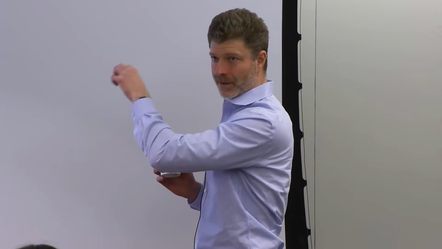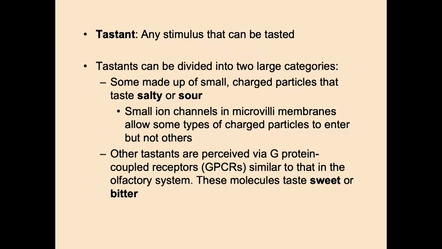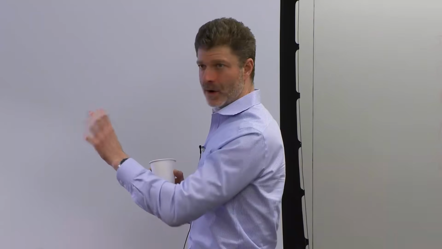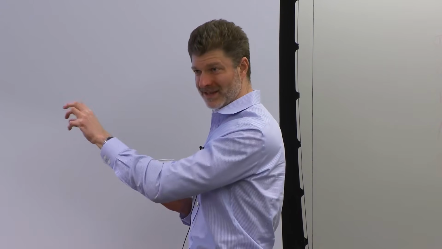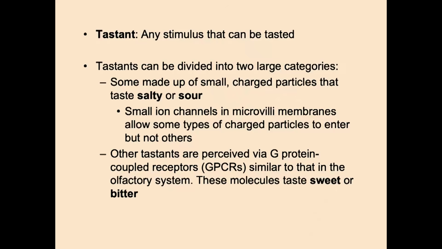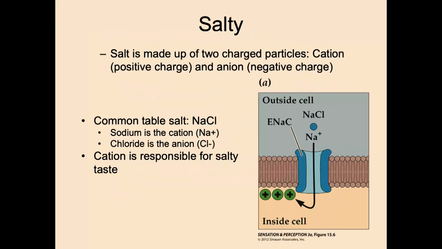Salty and sour, where the molecules are small and charged, and they pass through ion channels. And then sweet or bitter, where the molecules tend to be larger and have complicated shapes that determine their binding to particular receptors. Okay, so we're going to talk about each of these four types of receptors in turn.